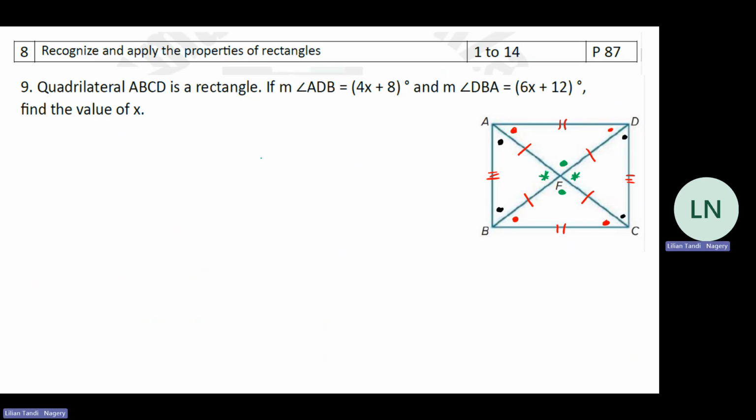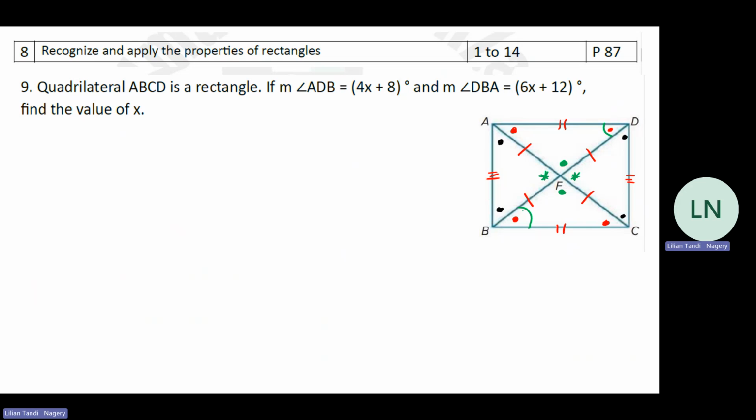I want angles. ADB. This one here. And DBA. This one here. So this angle and this angle must be the same. ADB and DB.